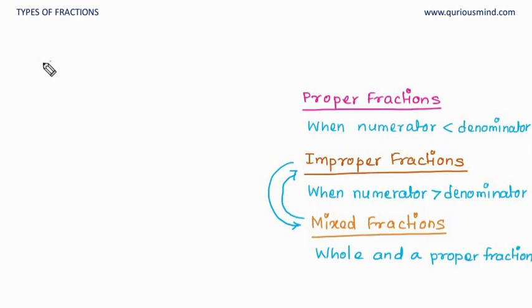So we had an improper fraction 5 upon 4, and if I want to convert this into a mixed fraction, what we do is a simple division. We do numerator divided by denominator. 5 upon 4. 5 divided by 4. So we see 4 ones are 4. So we subtract 4 from this and we have 1 as remainder. When we reach this level, now what we do is we write this one here as a whole.